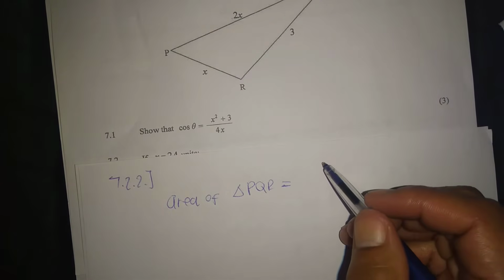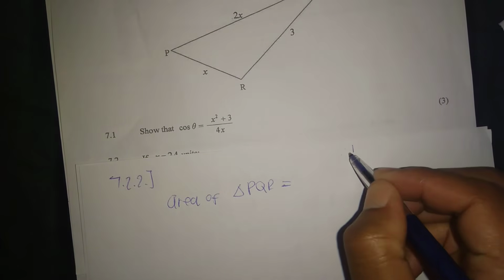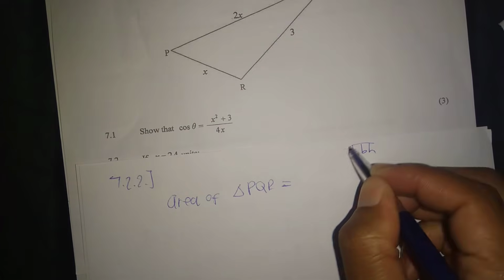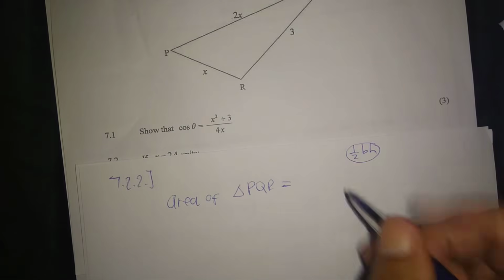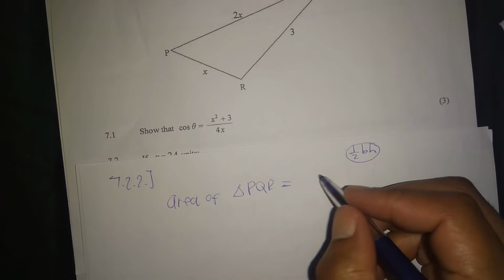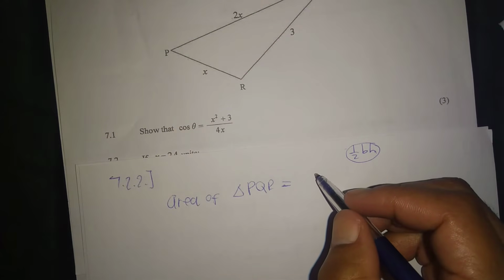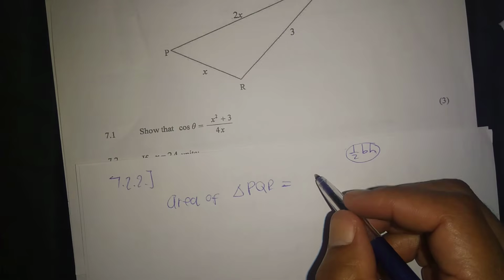If it were a right angle triangle we would use half base times height, using this formula, but this is not a right angle triangle, so we apply the area rule, right? What is the formula? Is it sine or cos?